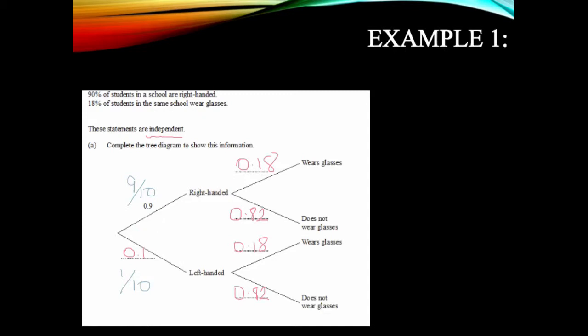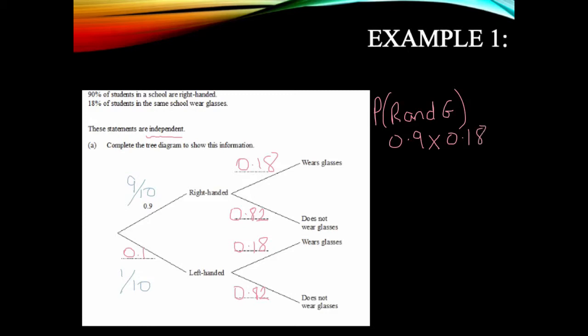So if I wanted to know the probability of being right-handed and wearing glasses, and I'll put R and G for glasses, I'm going to do 0.9 times 0.18.